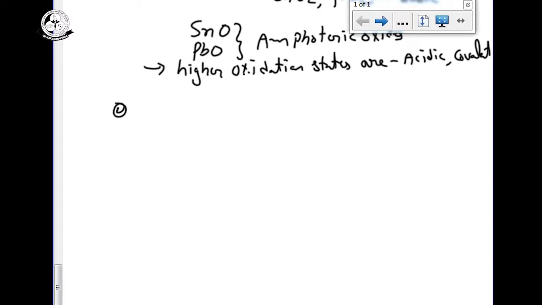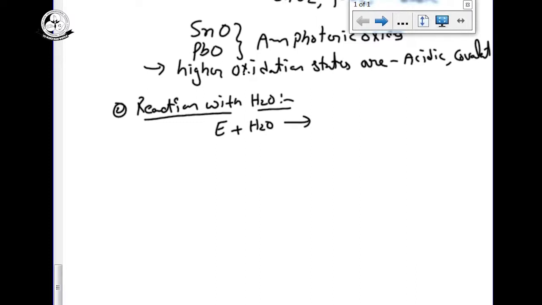Generally, any element reacts with water to give the corresponding metal oxides or hydroxides and liberate some gases like hydrogen. This is the general nature of any group of elements.